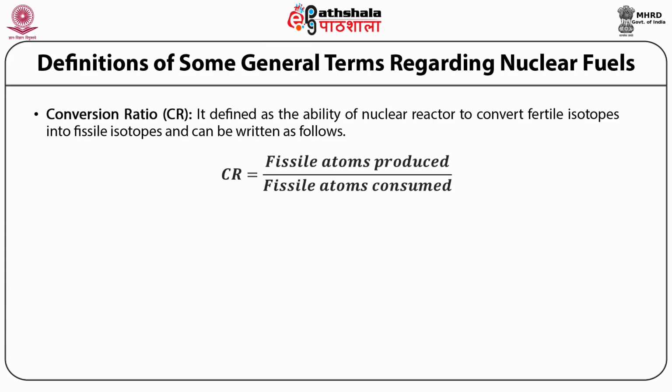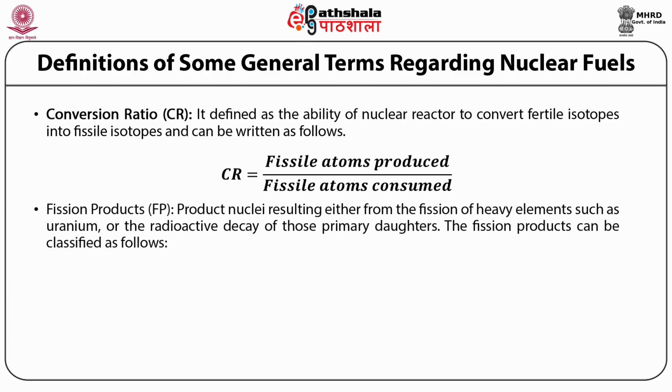That is, CR is equal to fissile atoms produced divided by fissile atoms consumed. When CR is greater than 1, it is called the breeding ratio, or BR, that is generally found in the case of fast reactors. Next is fission products, or FP.